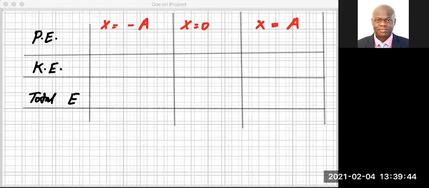Okay, so at x equal to minus A, what do you think? Will the potential energy be maximum, or will it be minimum, or what would it be?